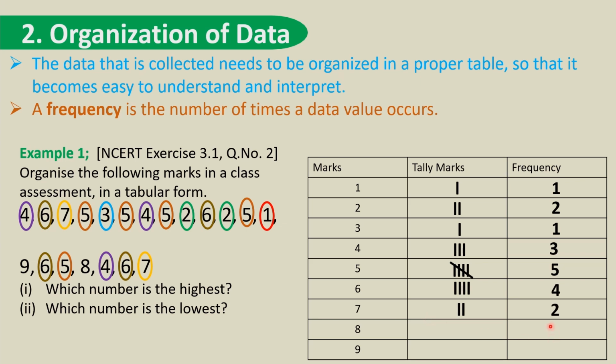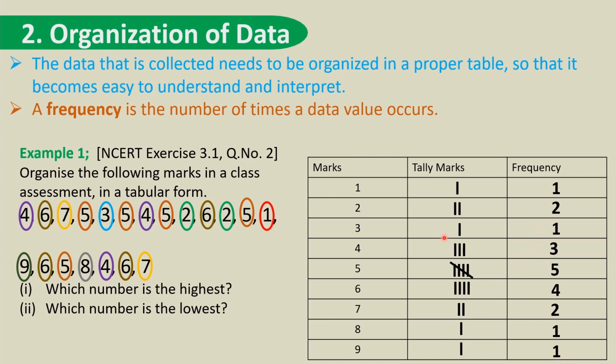That means the frequency is 2. Similarly, how many students secured 8? Only 1 student. The tally mark is 1, so the corresponding frequency is also 1. Next, only one number is left, nothing but 9. So the tally mark is 1, one student secured 9 marks.